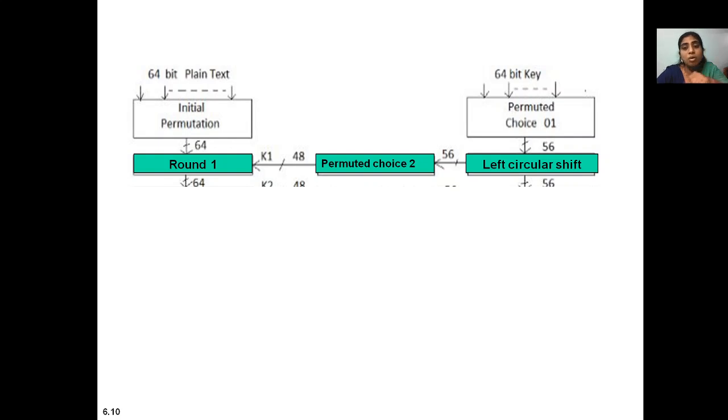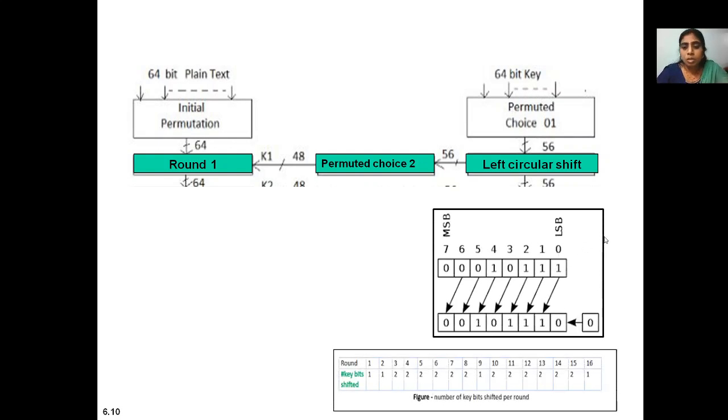But other than these, we shift left by 2 bits. You can observe over here.